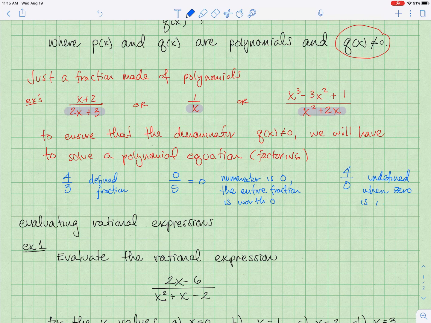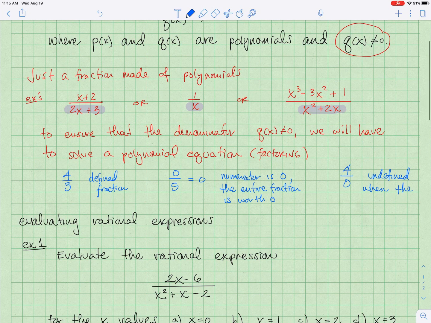I shouldn't say 0 is in the denominator, because a lot of people make the mistake of thinking that our variable can't be 0. So it's when the denominator q of x equals 0. Quite often in a lot of these situations we may take the numerator or the denominator and set it equal to 0 to distinguish these different situations.